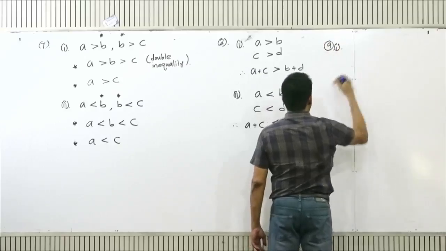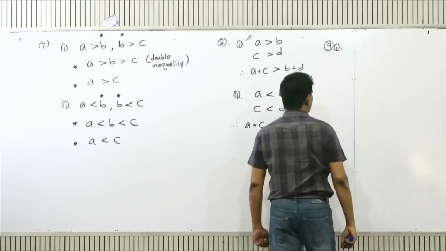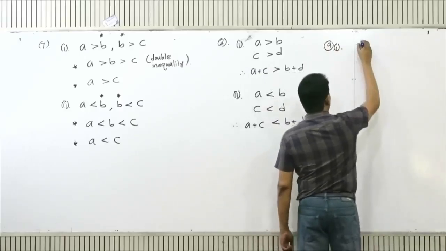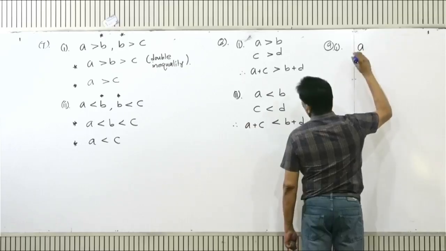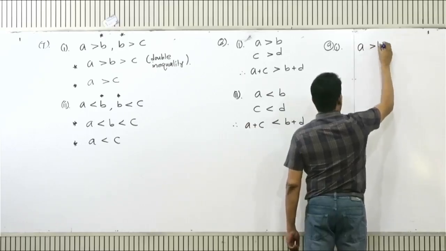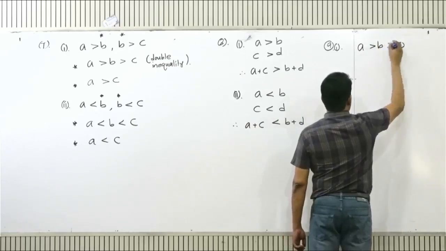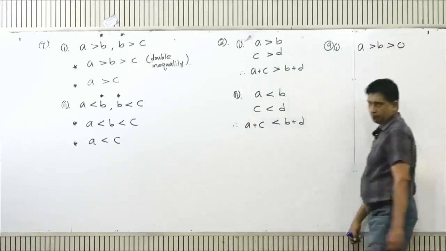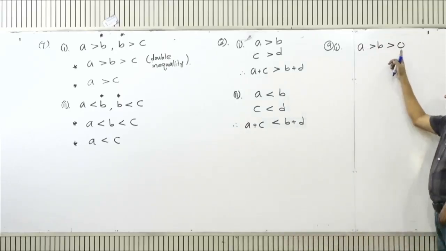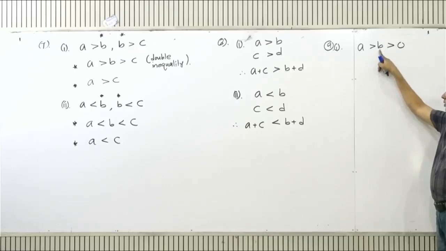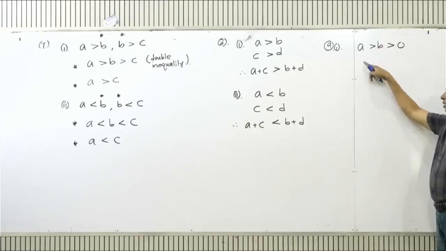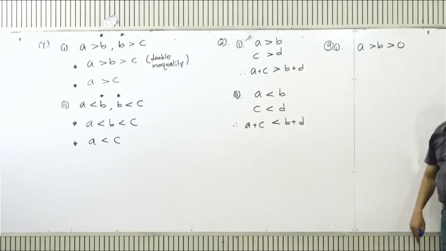Then the ninth inequality, first part. A is greater than B and B is greater than 0. The meaning of this one: as B is greater than 0, that means B is positive. A is greater than B, and B is positive, that means A is also positive, right?